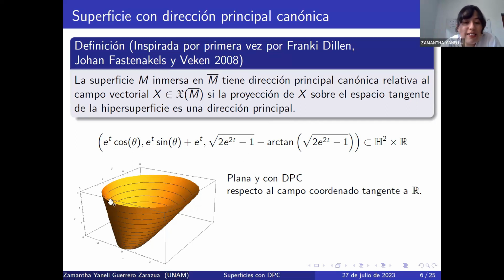So this is a graph of what would be a surface with canonical principal direction in the hyperbolic space cross R. It's a specific case where it's flat, and it has canonical principal direction with respect to the vector field tangent to R. And we parameterize it like this.